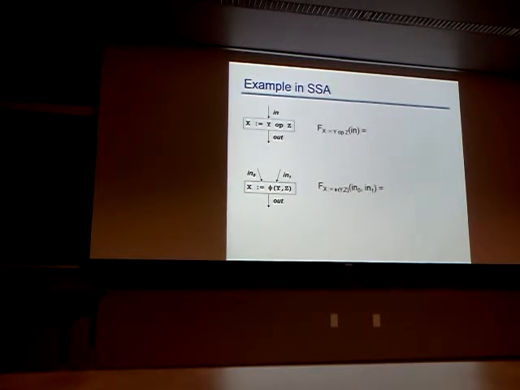Think about it this way: if you have two things coming in on either side, you'll have a phi node like x5 is equal to phi of, say, x1 and x2. On this side, x1 is mapped to some expression e, and on this side, x2 is mapped to that same expression e.